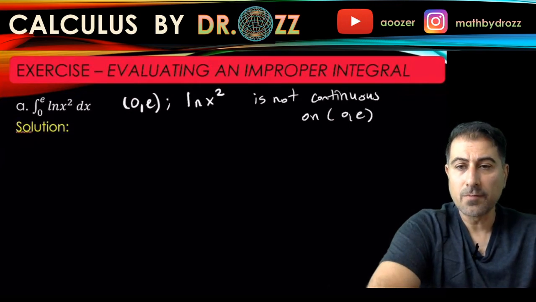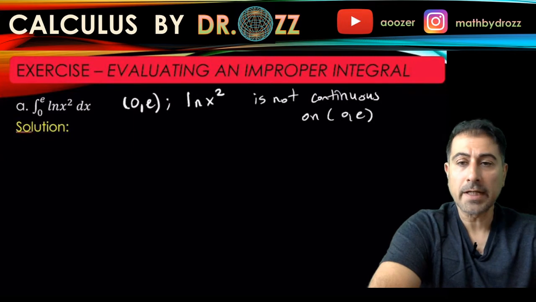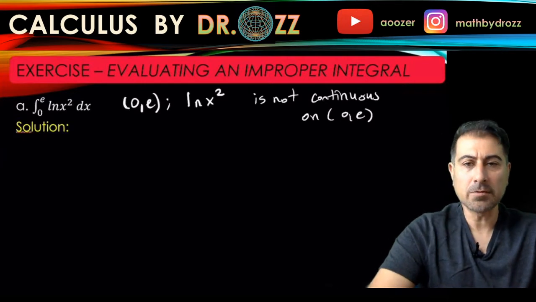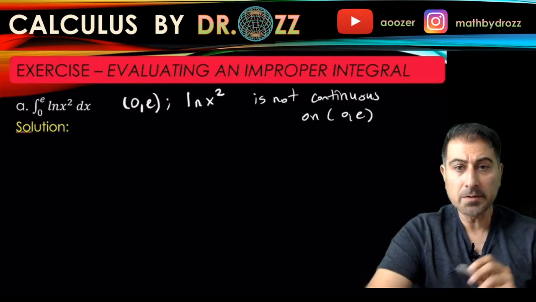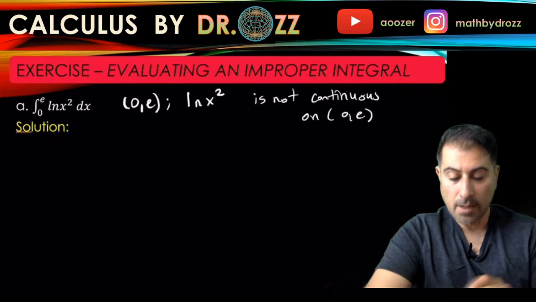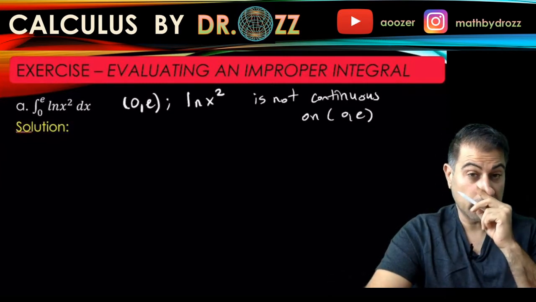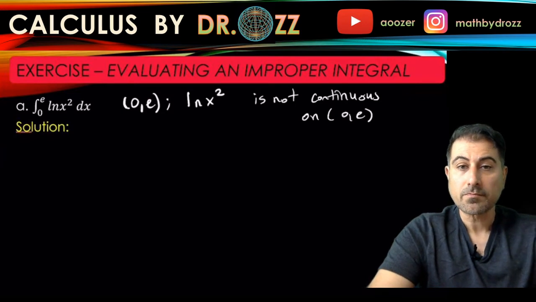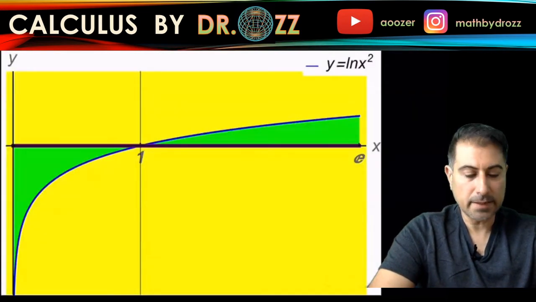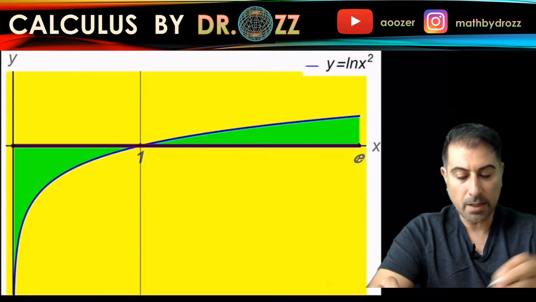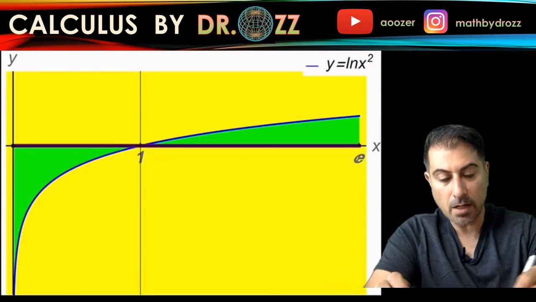If you have your TI-84 with you, make it ready and try to graph ln x squared from 0 all the way to e. So x min could be 0, x max could be e. Please do it right now. You can pause the video, and I want to show you how the graph looks. The blue graph here is ln x squared, plotted from 0 to e.